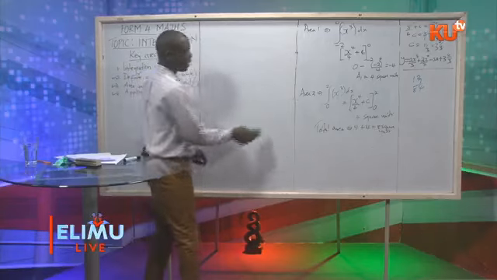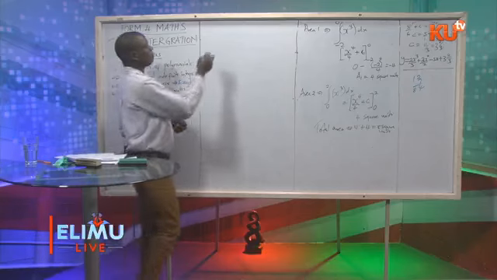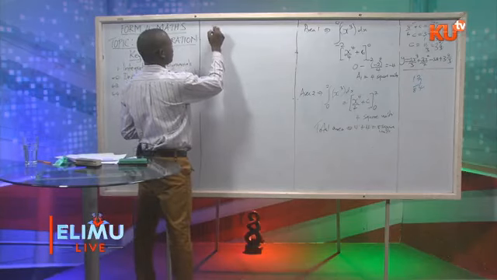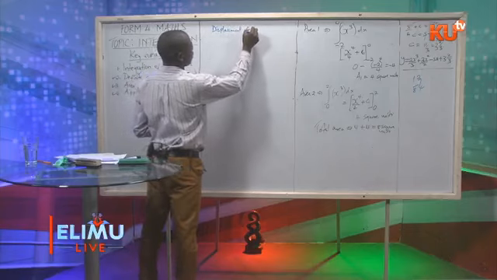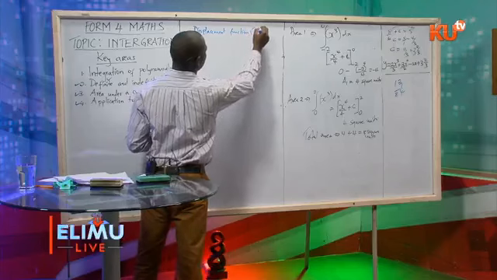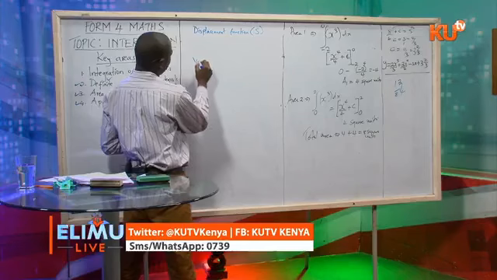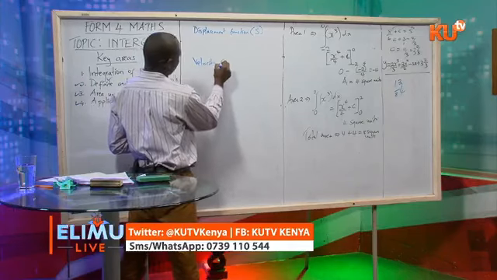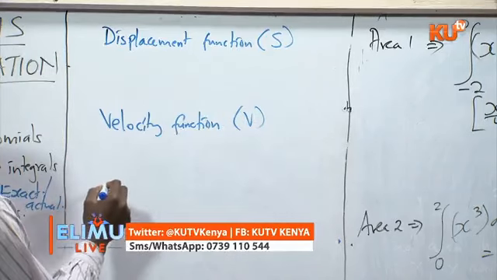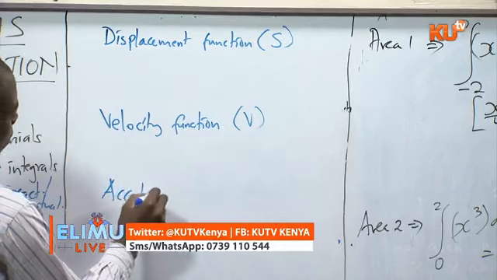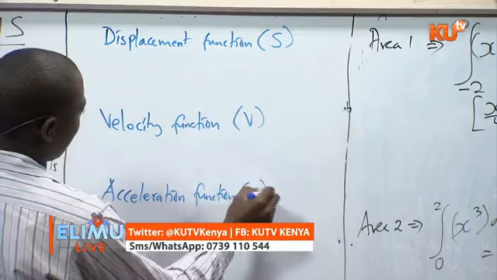When you're dealing with the cases for displacement, velocity, and acceleration, we have at this point the displacement function, given in terms of s. Then we have the velocity function, given by v. And then finally we have the acceleration function, which will be in terms of a.